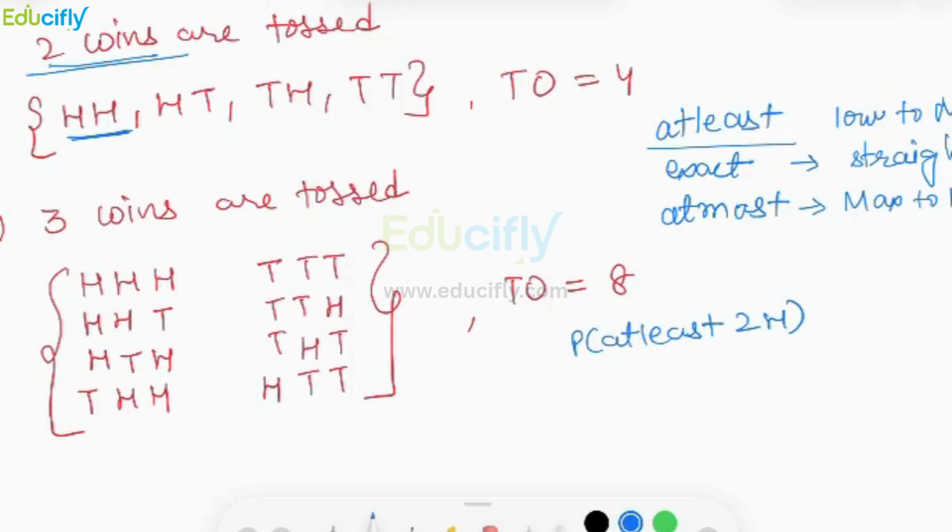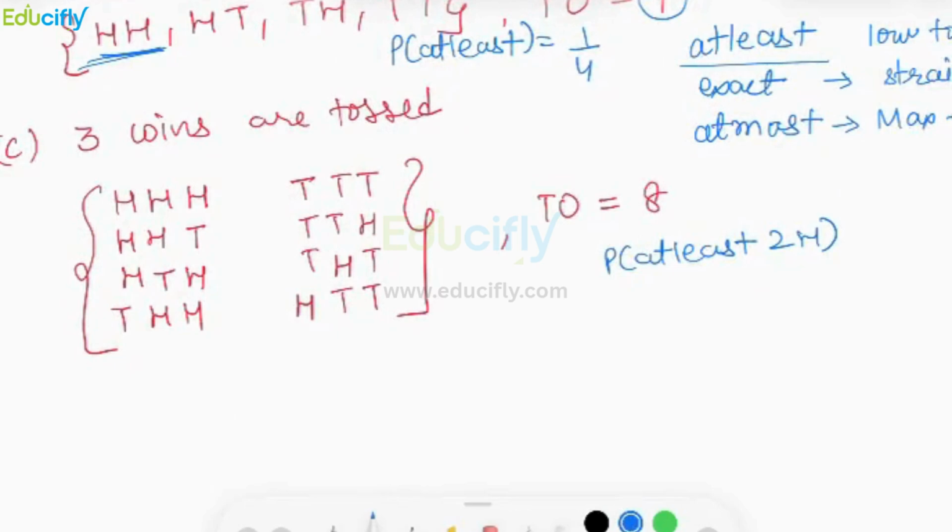And what is the maximum answer here? This is the maximum one only, right? So the probability of getting the at least answer is going to give you 1 over 4, because the total is 4 here, right?